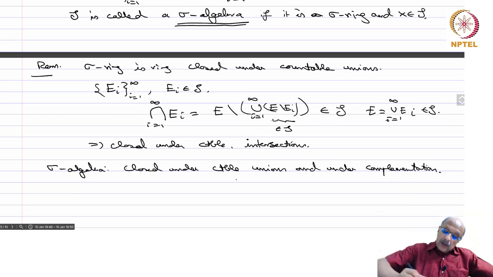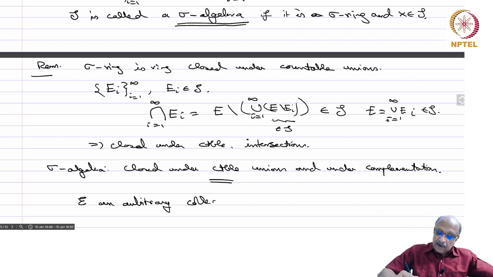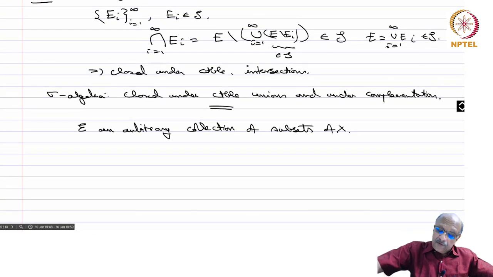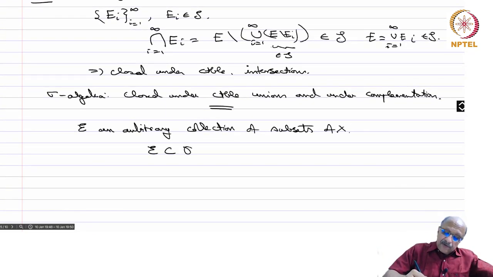Okay, so now finally let us take E, an arbitrary collection of subsets of X. Then of course E is contained in P of X, the power set, which is at the same time a sigma ring, and also a ring.